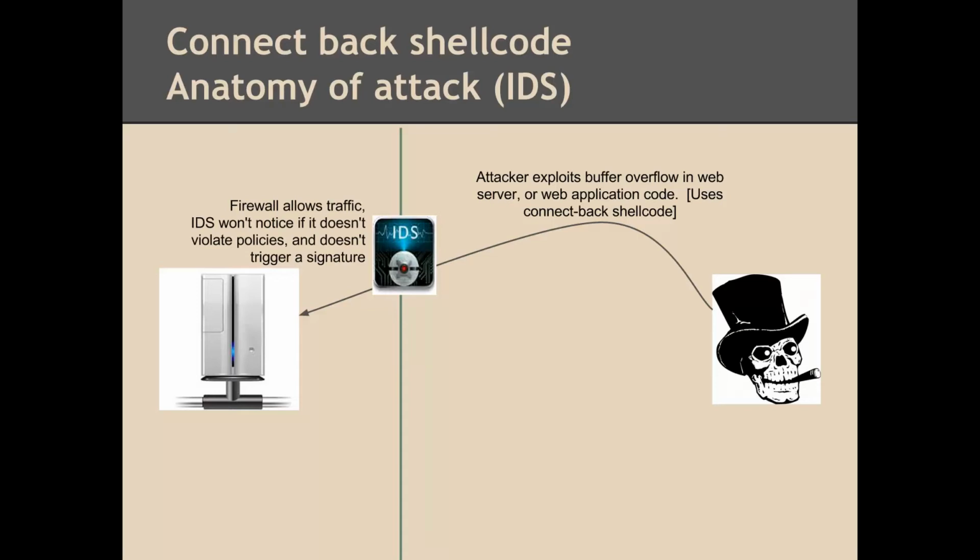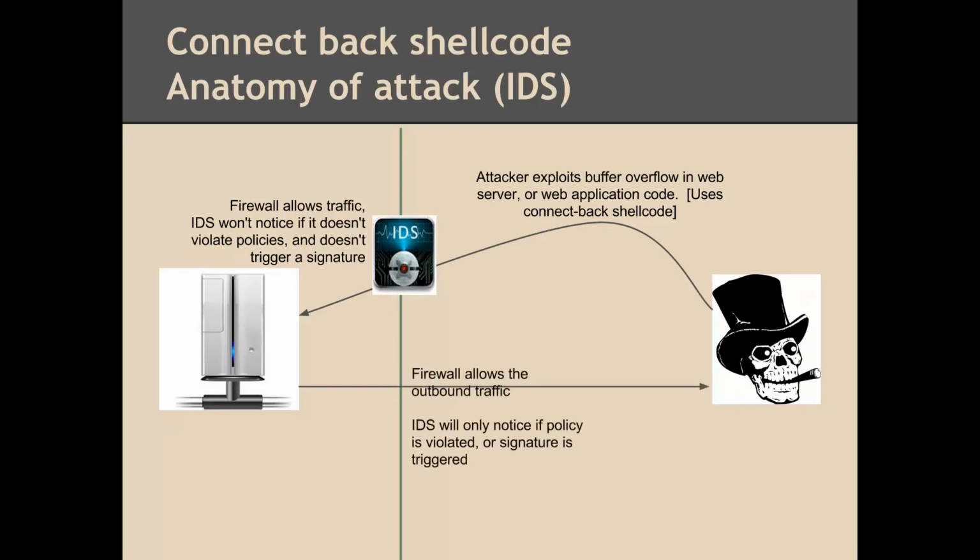The firewall would allow the traffic. The IDS wouldn't notice if it doesn't violate any policies and doesn't match any signature. You may be able to just alter the signature by adding NOPs in randomly, and that may be sufficient to throw off dumb signature-based detection systems. Then once the exploit is landed, the target would attempt to connect back to the IP and port specified by the attacker, and the firewall would allow the outbound traffic.